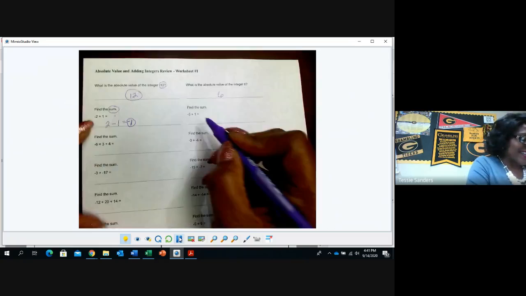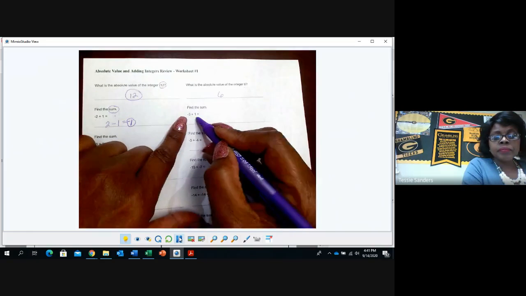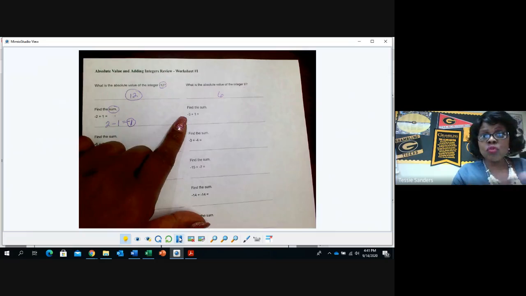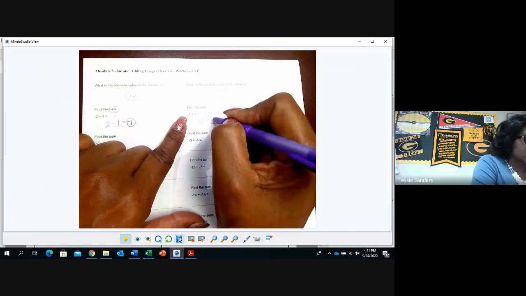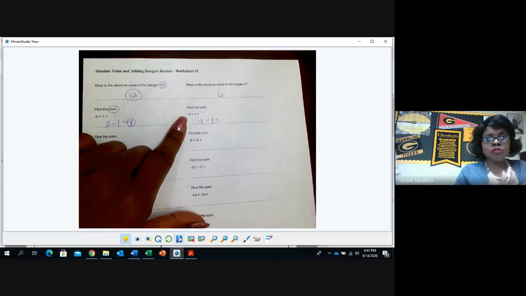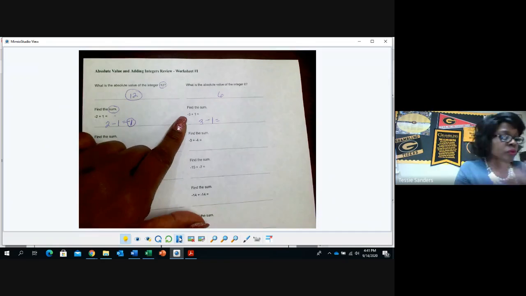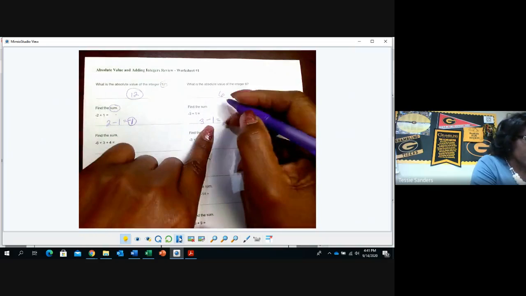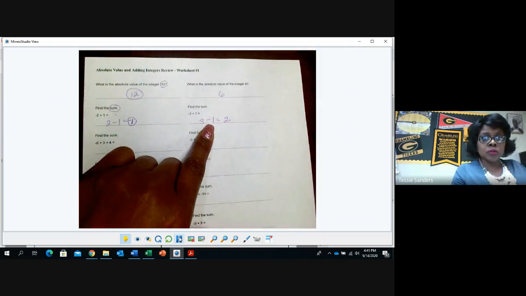So the sum will be -1. Good. Find the sum of -3 plus 1. Go ahead and rewrite this problem to reflect 3 minus 1. Integers aren't really scary. It's just that you have to remember the rules. 3 minus 1 is 2.